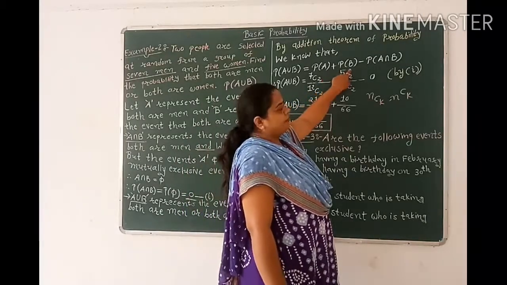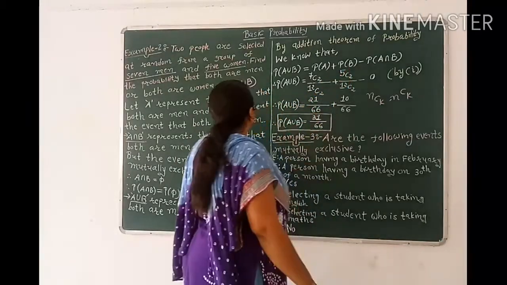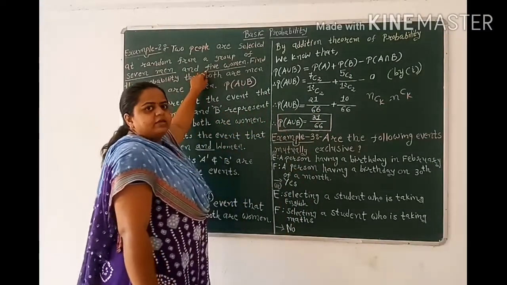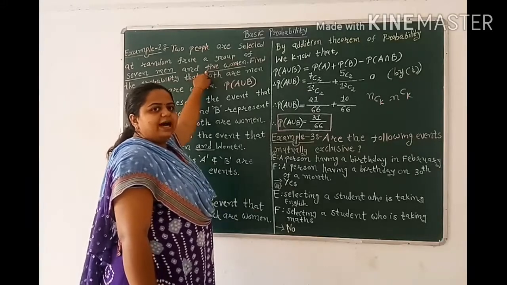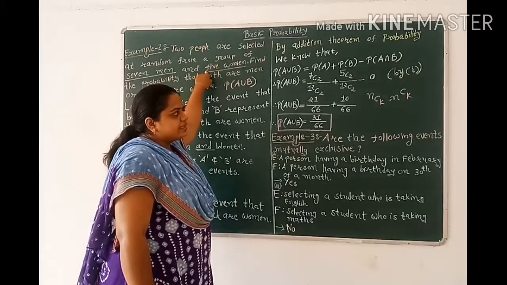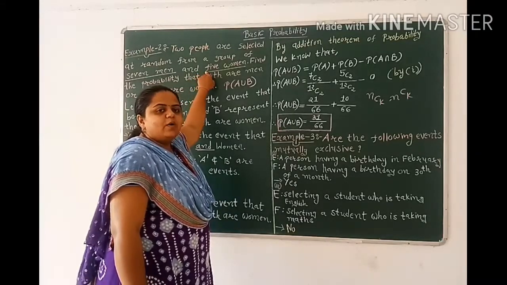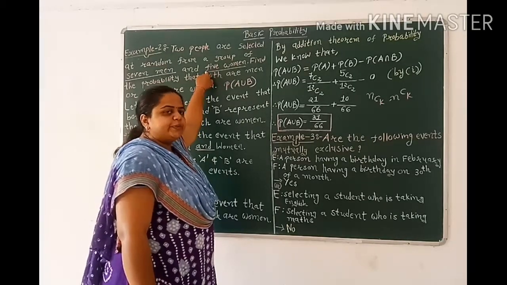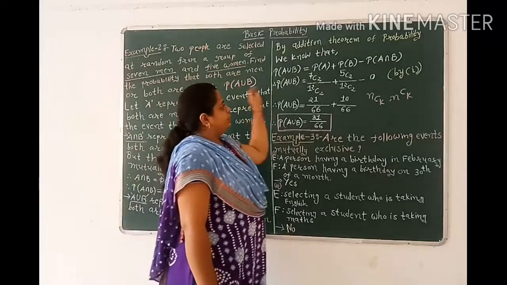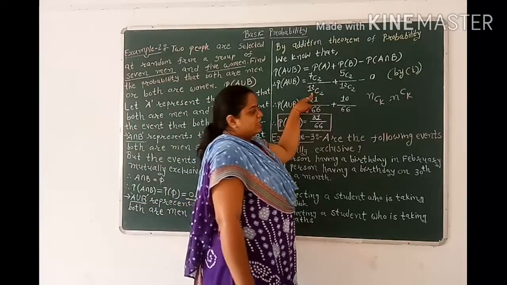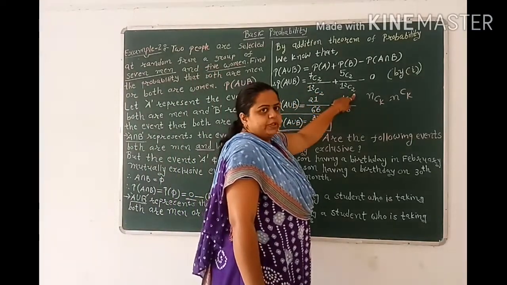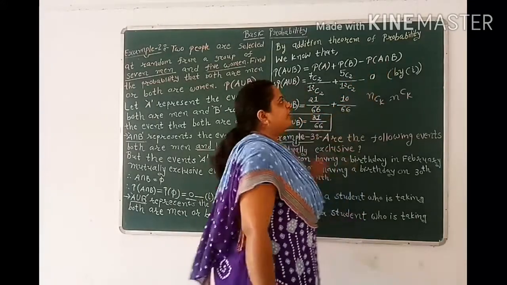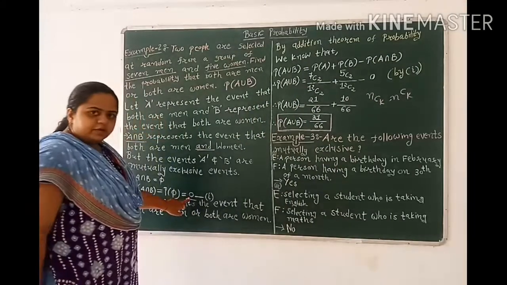Now probability of B, that is both are women. Total women are 5. So favorable outcomes are 5C2 because out of 5 women we have to select only 2, and as we know total outcomes are 12C2, and probability of A intersection B we already found is 0.